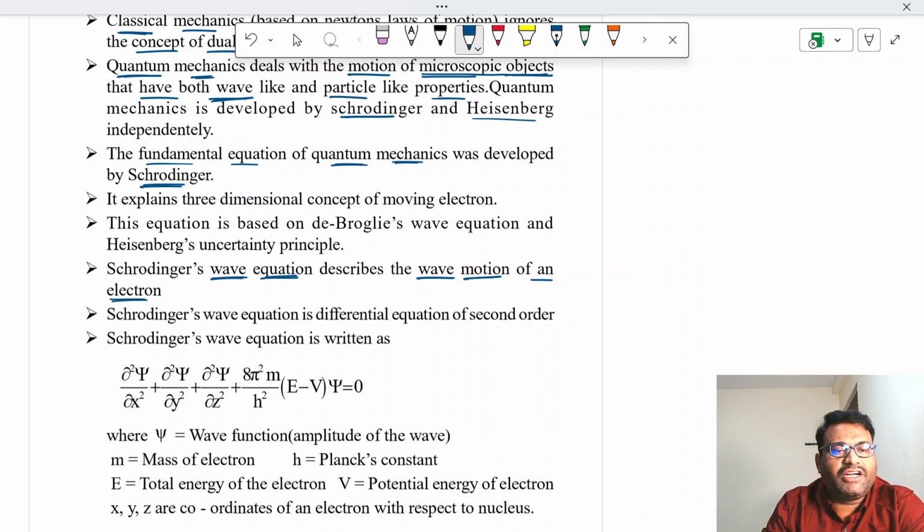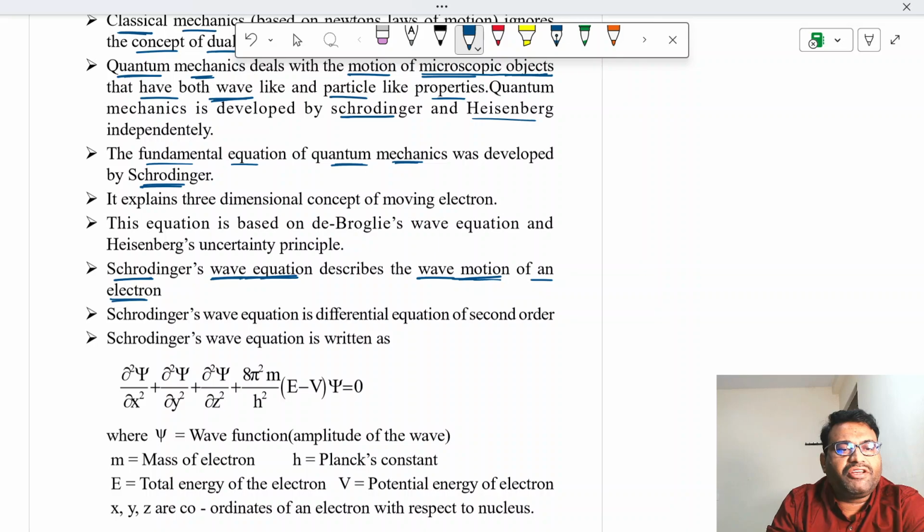Already we have studied from de Broglie that an electron not only possesses particle nature but also possesses wave nature. That wave motion of an electron is described in the Schrodinger wave equation.